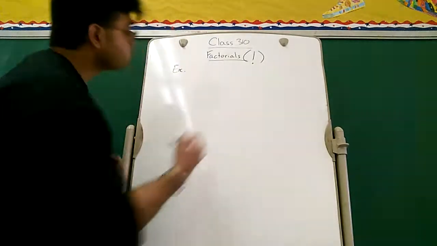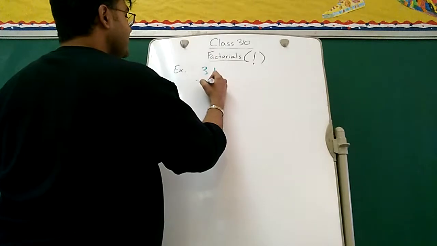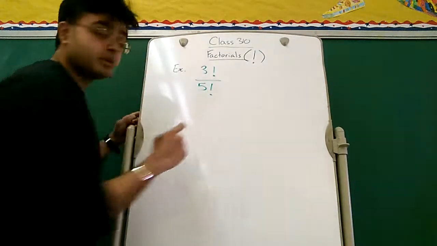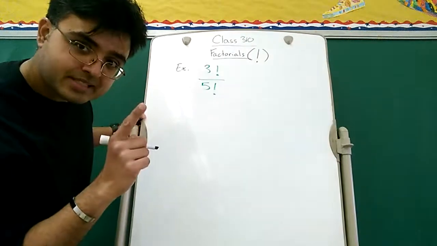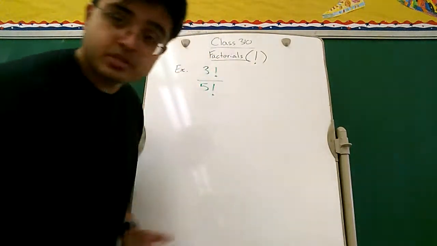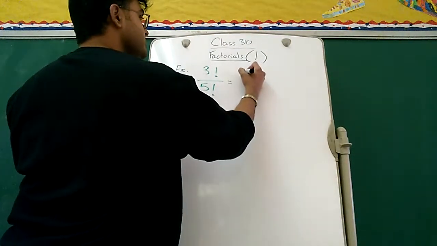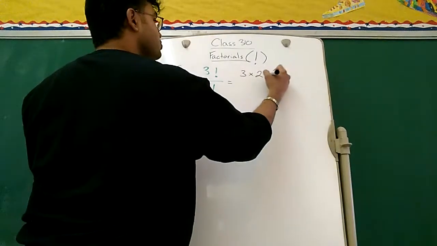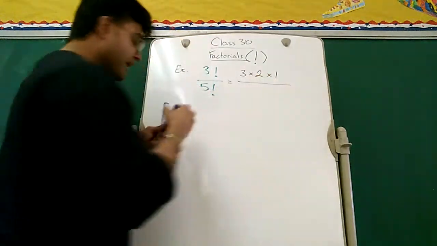Let's try 3 factorial divided by 5 factorial. Now notice, small number over big number. It's going to be slightly different. Check it out. So again, step 1, we do the same thing. Expand the factorials. 3 factorial is 3 times 2 times 1 divided by 5 factorial.